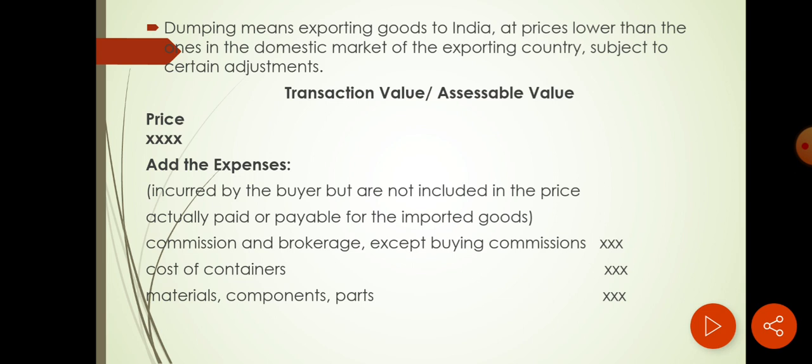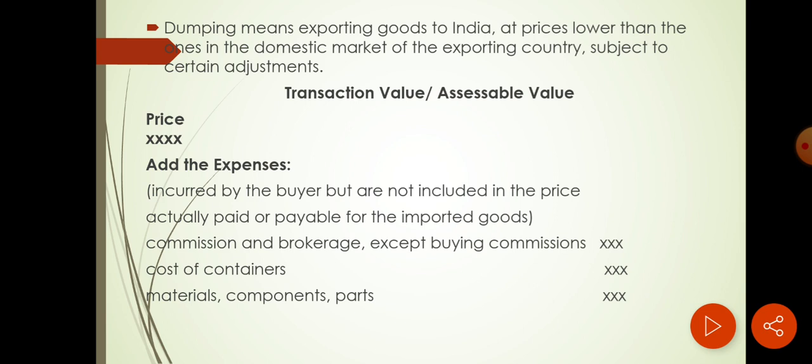These are any expenses related to the production of the goods you are going to import, any expenses met by the buyer which are required for the production of the imported goods, selling expenses, and any expenses incurred from the place of boarding of goods till the delivery of the goods. Expenses related to these are to be added.